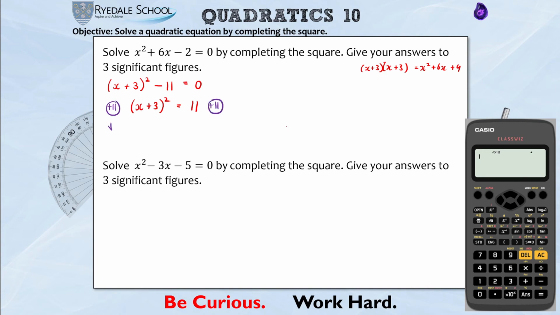Next thing I'm going to do is my square root. So when I do the square root, it's plus or minus root 11, and x plus 3, just cancelling the squared.